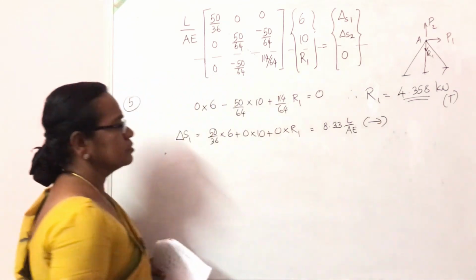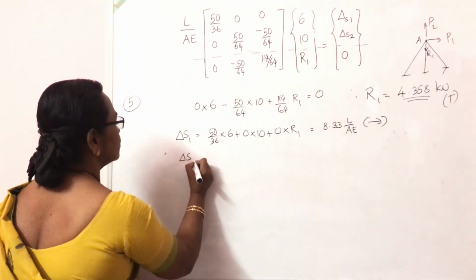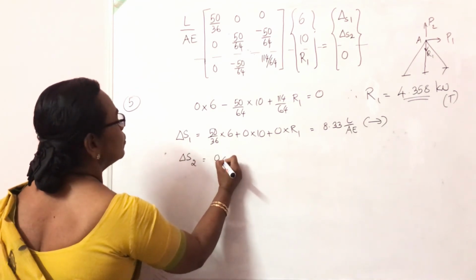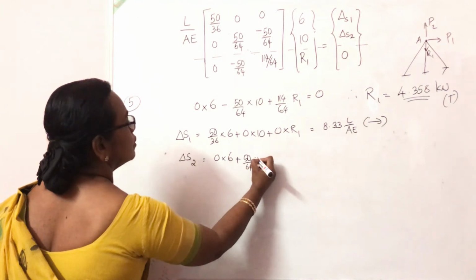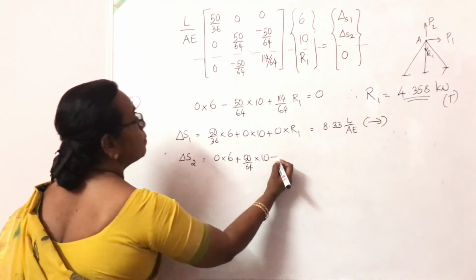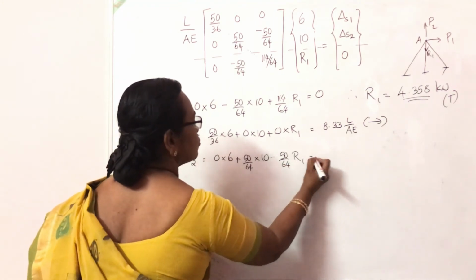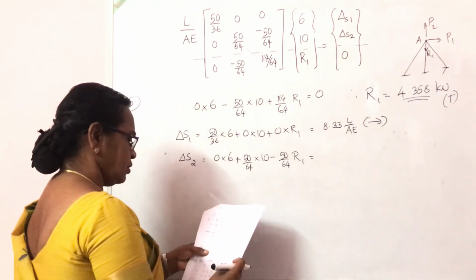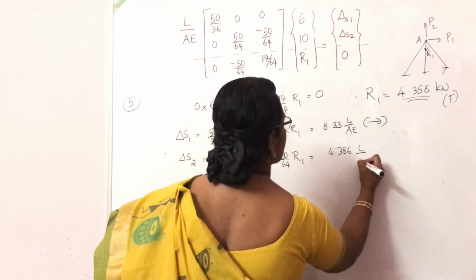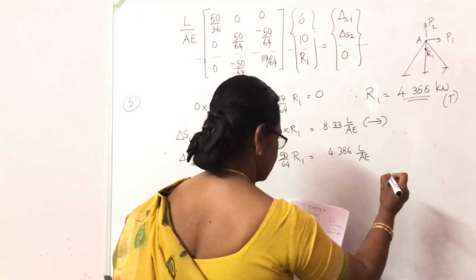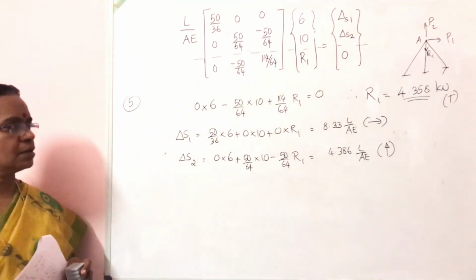Positive means it is horizontal displacement towards right. Delta S2 is equal to 0 into 6, 50 by 64 into 10 minus 50 by 64 R1. Substituting the value of R1 in this equation, we will get 4.386 L by AE. That is also positive, which means the vertical displacement of the joint is upwards.